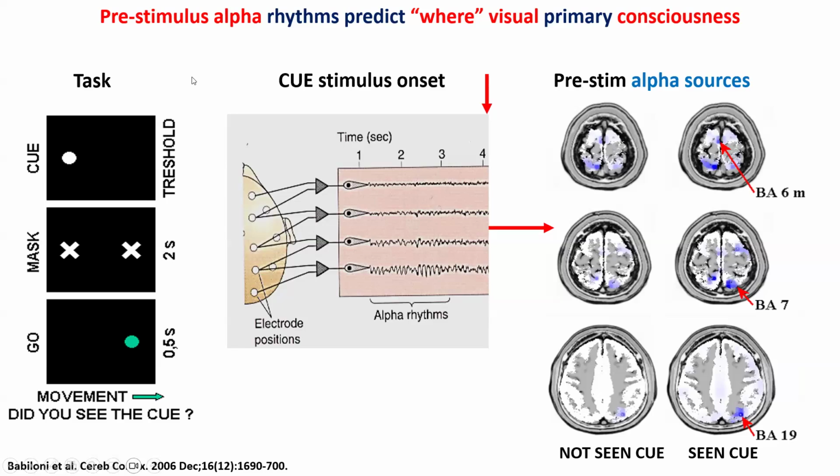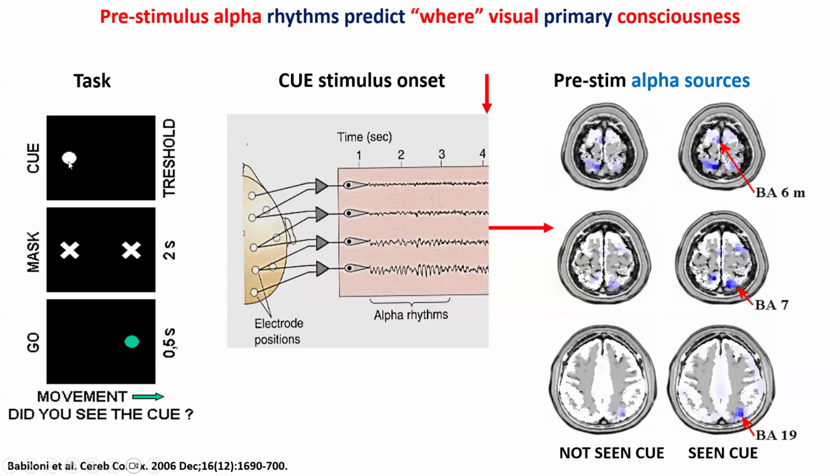And we tested the impact of pre-stimulus alpha rhythms on the primary consciousness of visual spatial stimuli. The task is represented in the left part of the picture.